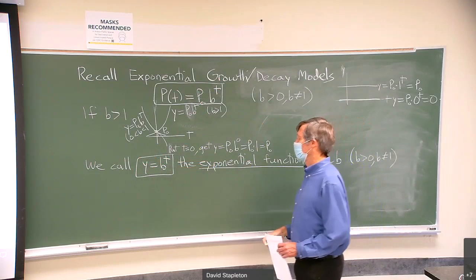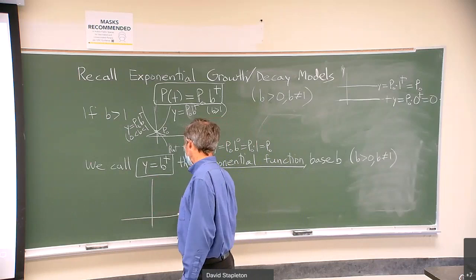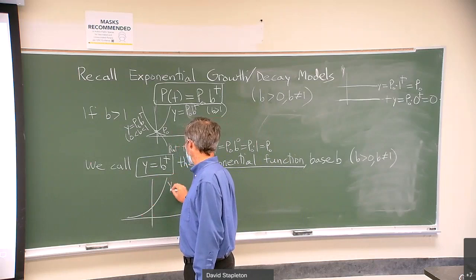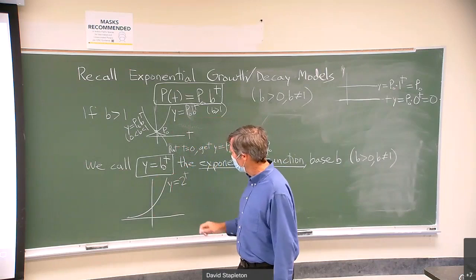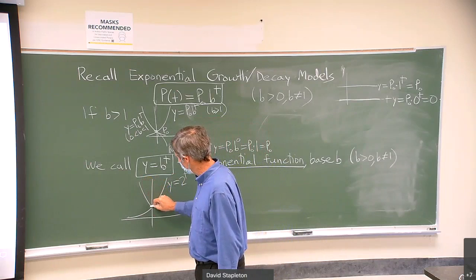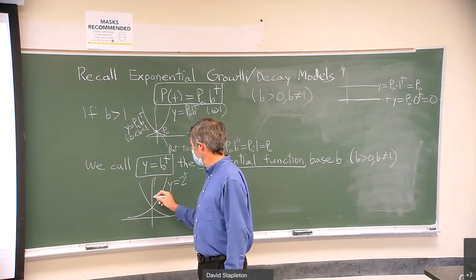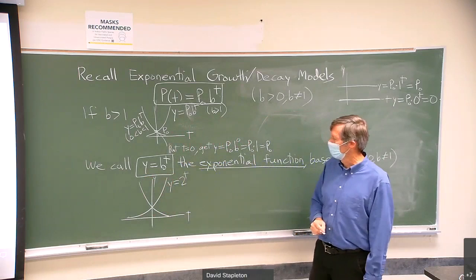And for this particular thing, you get an interesting result. This is y equals, let's say, 2 to the t. And I flip it over the y-axis. See in here. What is this one that's the perfect reflection of y equals 2 to the t?